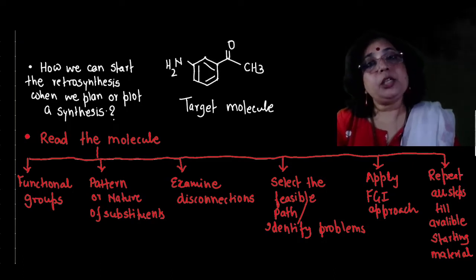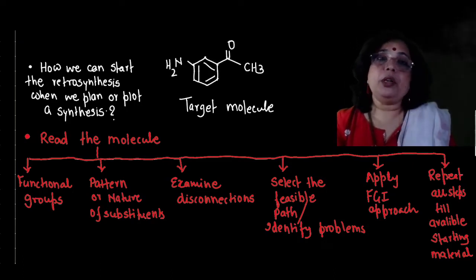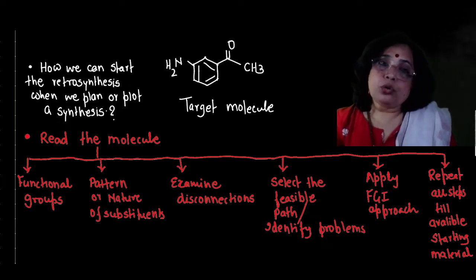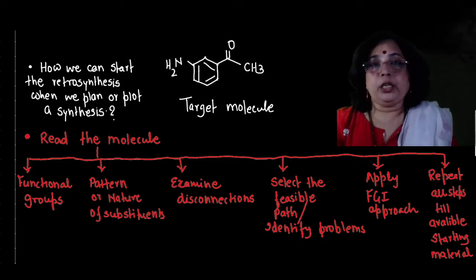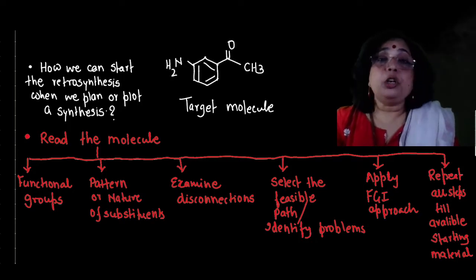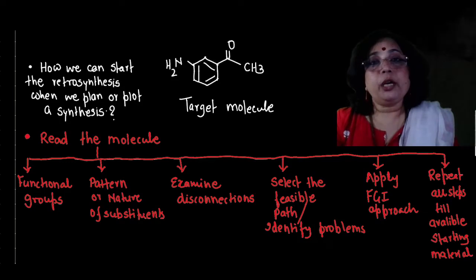In my previous lectures, I have explained several examples. In those examples, I have also asked you to read the molecule. While reading the molecule, we have to note the observations. What are those observations? Functional groups, the nature of those functional groups, the pattern of the molecule, etc.